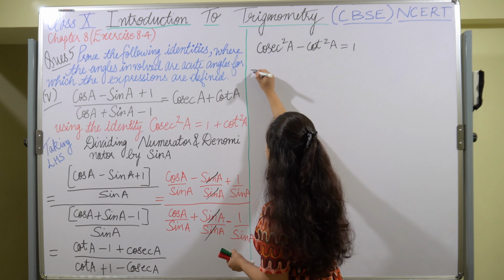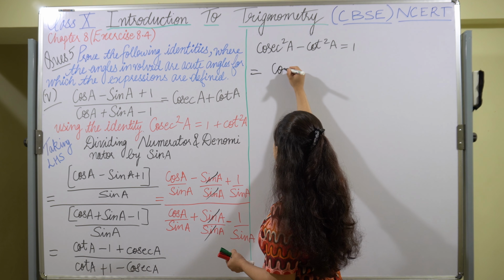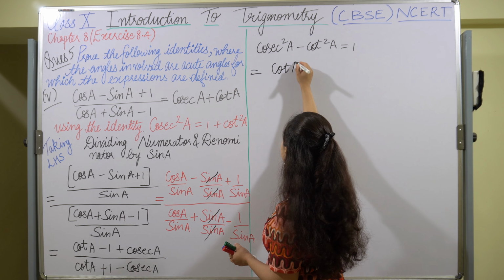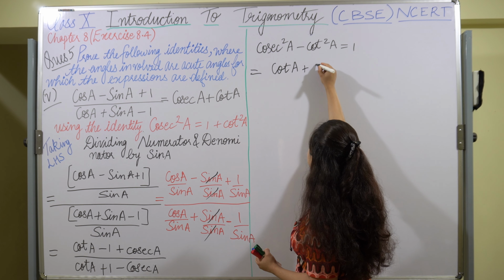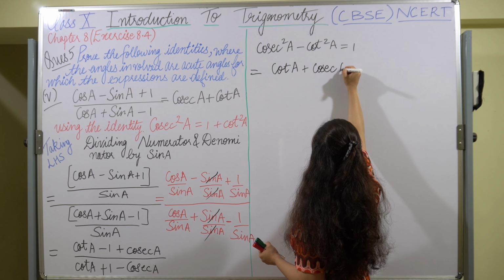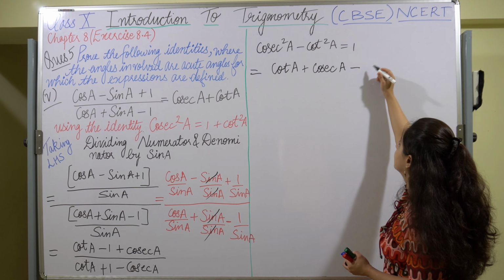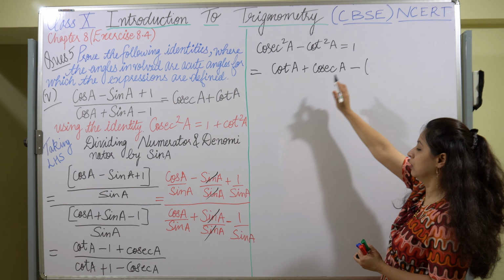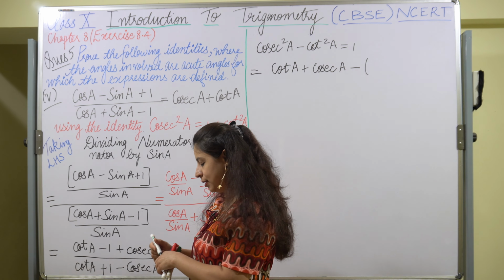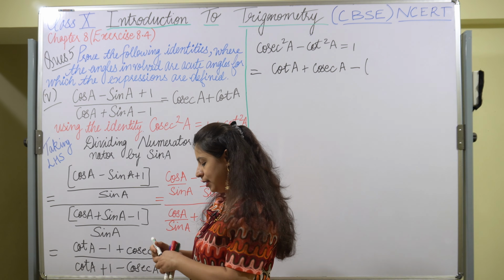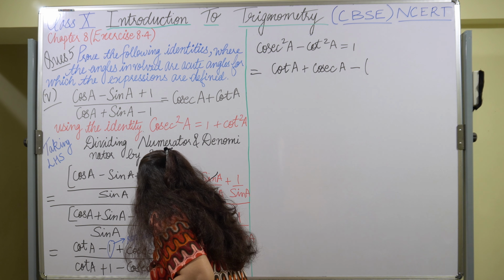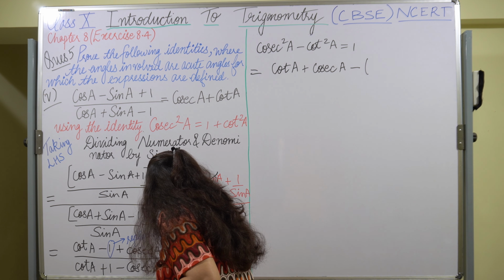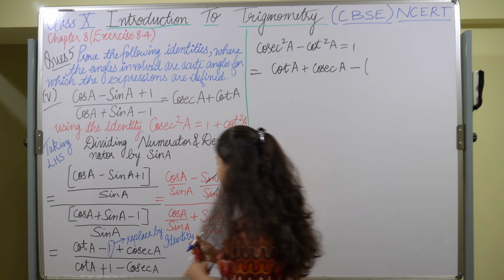So we are having in the numerator cot A, then cosec A, and minus, we can replace this 1 by the identity.